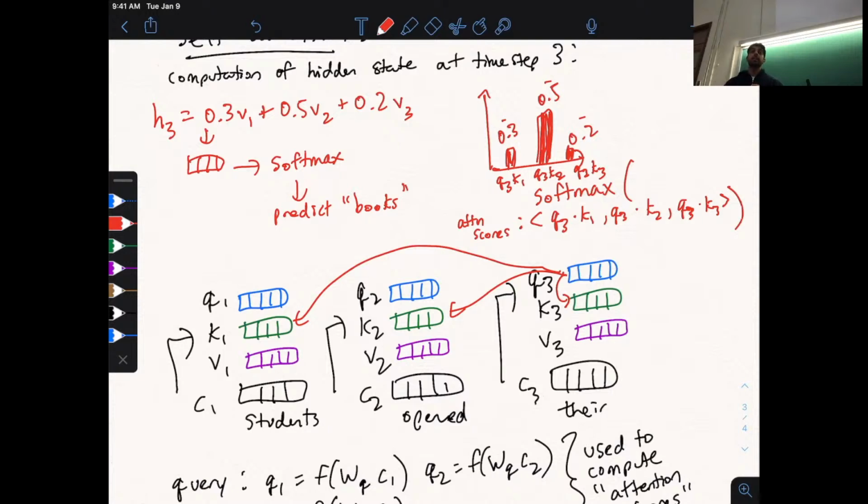At training time, I already know the full sequences, right? I know word 4 and word 5 and word 6. Some human wrote them for me, right? So I don't need to generate from the model in order to get those words. At test time, I do have to proceed one word at a time, just like in a recurrent neural network. So that's a good point.